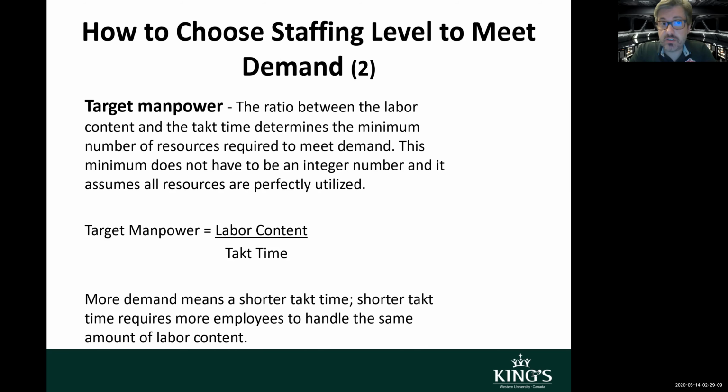So that's the ratio. The target manpower is the ratio between the labor content and the takt time. So remember, labor content is the sum of all your task times, and your takt time is based on your demand rate, right?